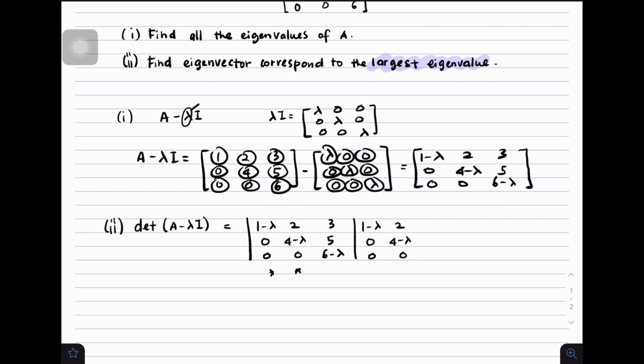So how to find the determinant of a 3 times 3 matrix? You need to put 2 brackets and in between is the minus sign.